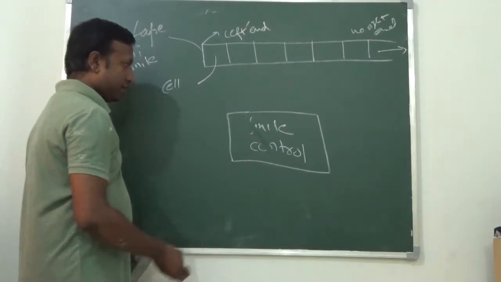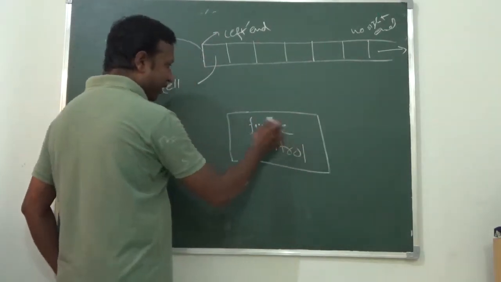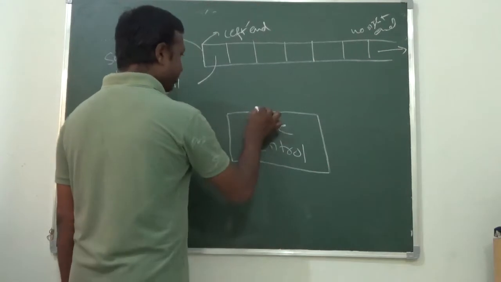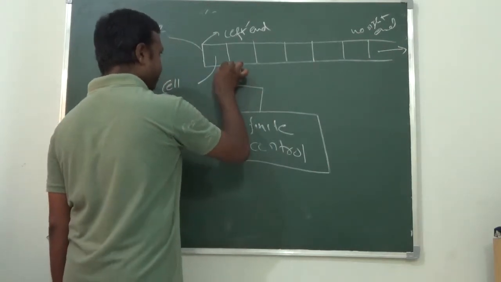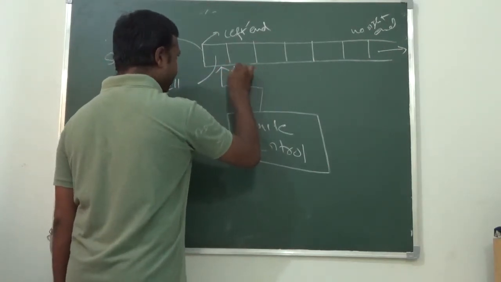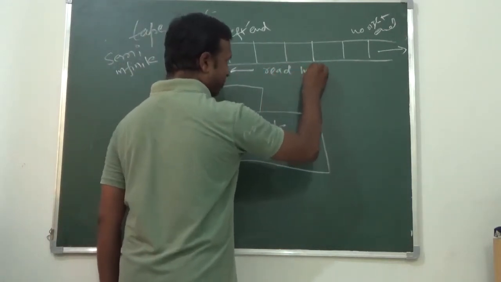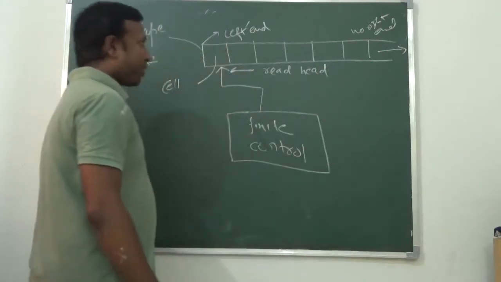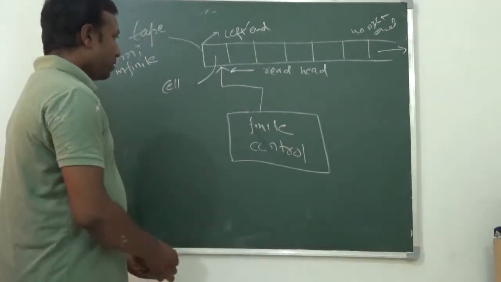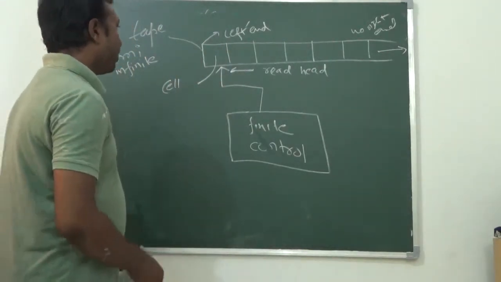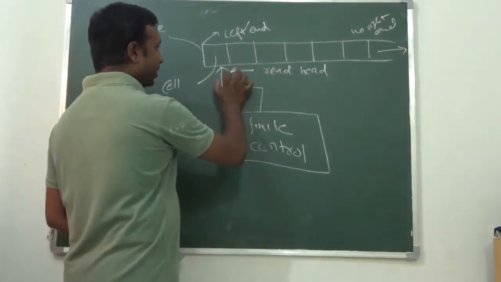And there is a finite control, and there is one thing which is called the read head. Now, fine. So there is a read head, and what does this read head do?